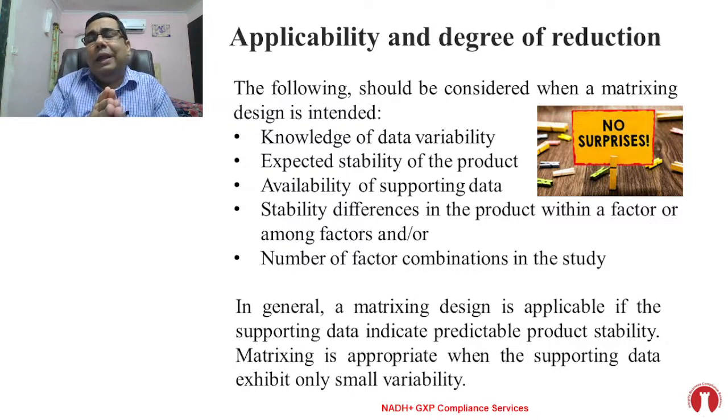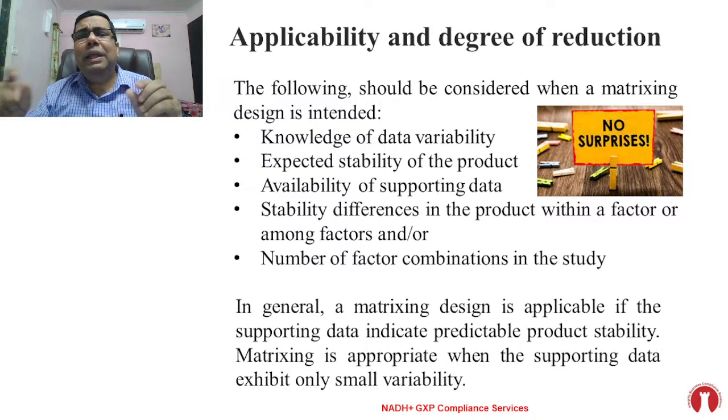When I come to know that this particular product has a predictable stability study, then definitely we can follow the matrixing approach. Matrixing is appropriate when supporting data exhibit only a small variability. When you come to know that, then definitely you can follow the matrixing approach.